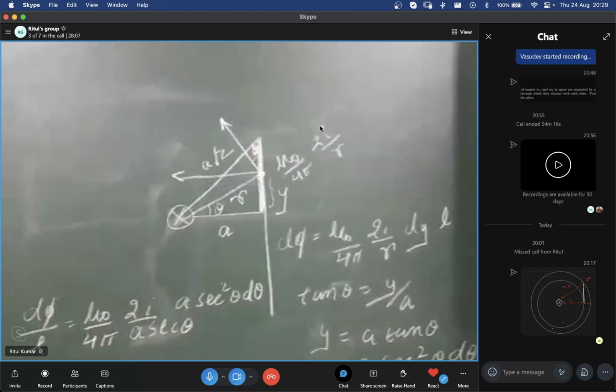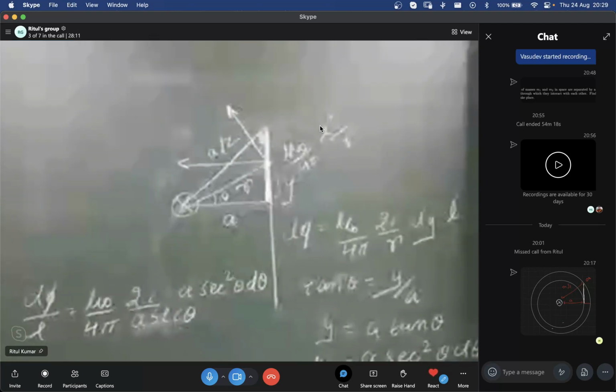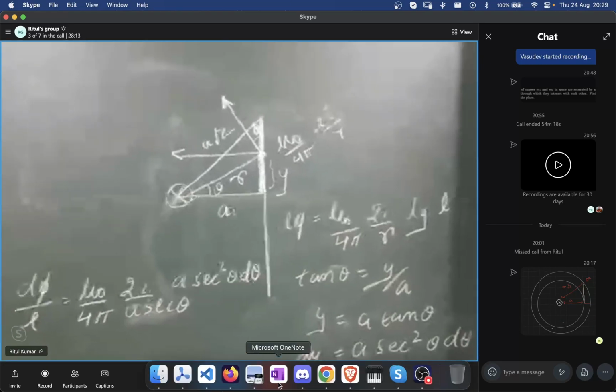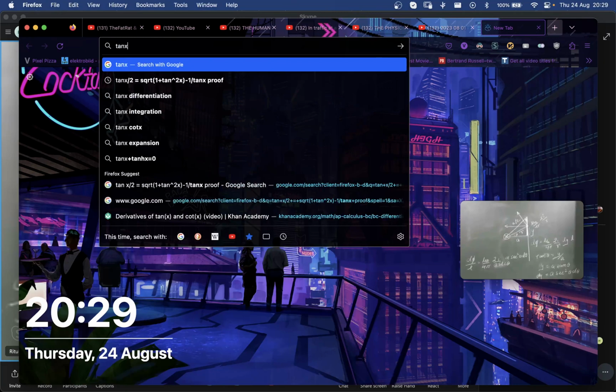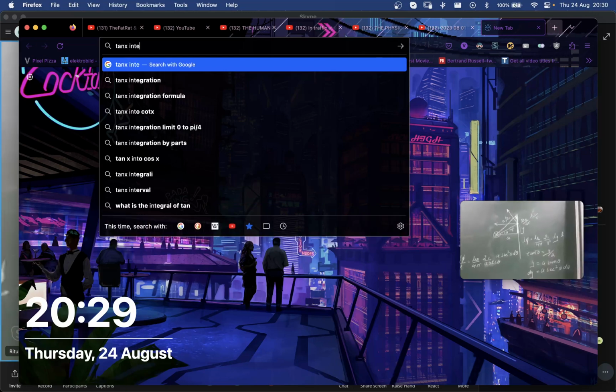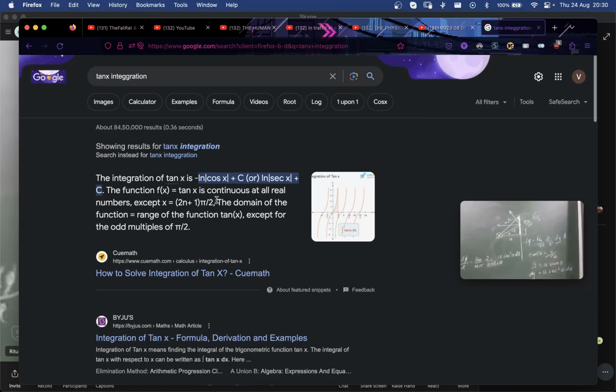The integration of tan theta. I've forgotten the standard integral. Tan theta sec theta, right? No, the differentiation of tan theta is... A log will come. Yes, sir, there has to be a log, and that's what I'm looking for.